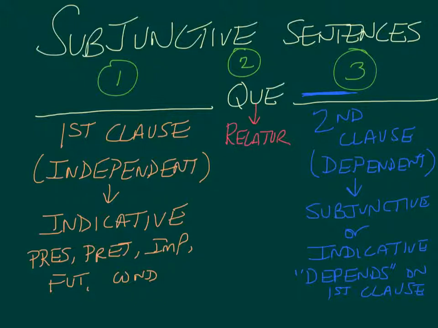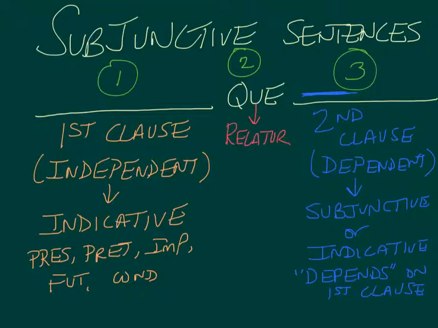So, the first clause of the sentence is also known as the independent clause, meaning it can function by itself. And in that first part of the sentence, you're going to see a verb in the indicative tense, meaning the verb that's in the first clause will either be in the present tense, the preterite tense, the imperfect, the future, or the conditional. The word "que" is very important because that will separate the two clauses.